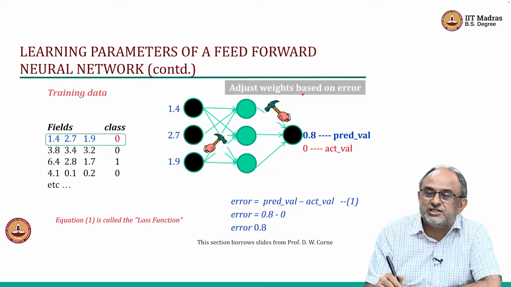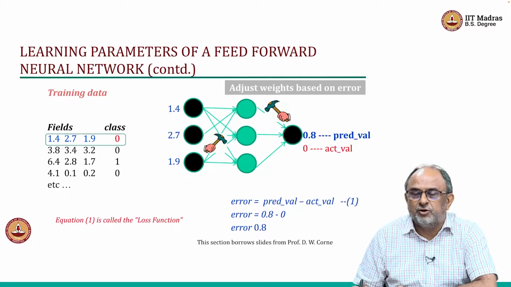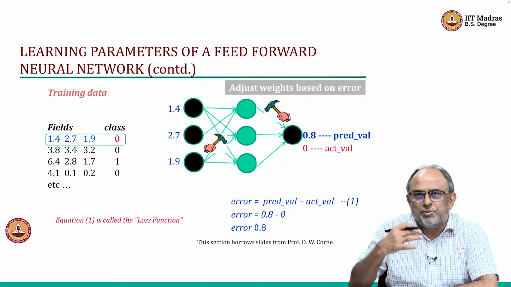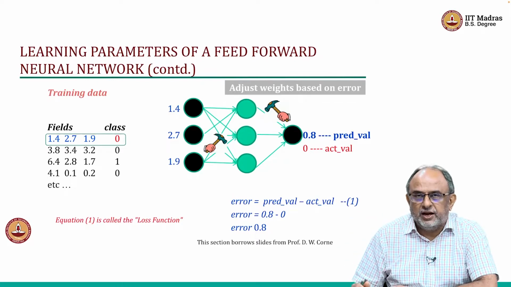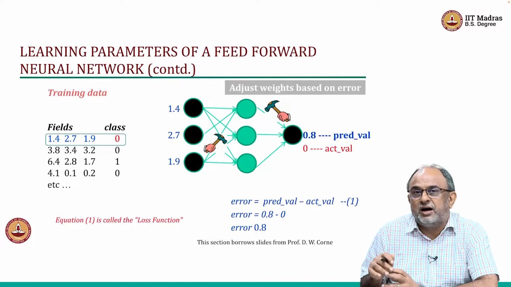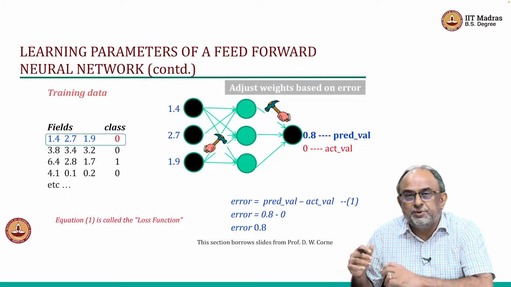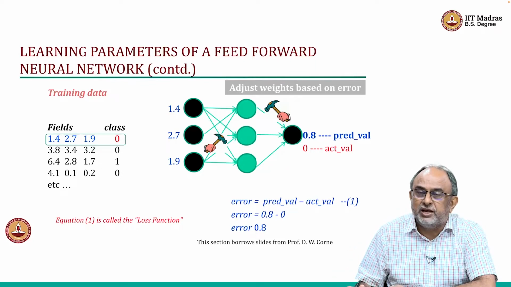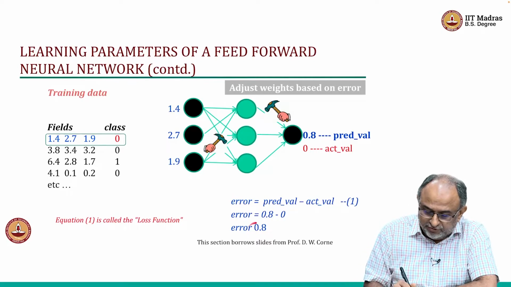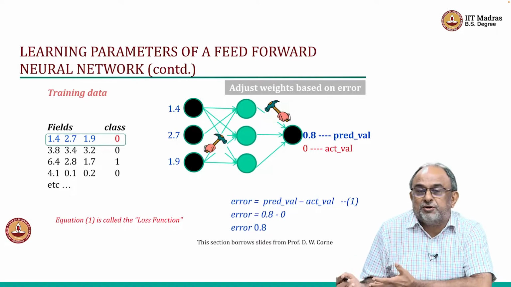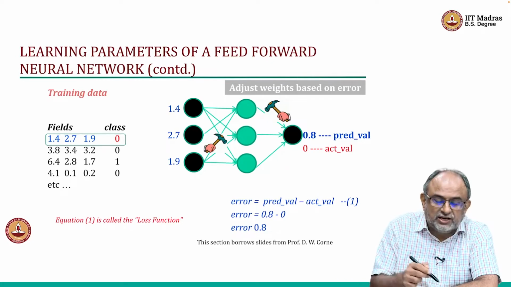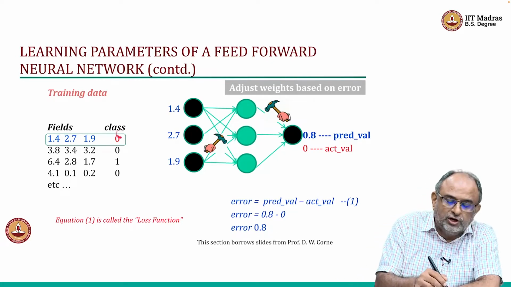The adjustment of the weights will depend on the error, okay. That is why we will do something called back propagation. Because if the error is going to 0, that means probably I got the correct answer, and if I consistently get the correct answer, it should not be a fluke, only this time I got it.